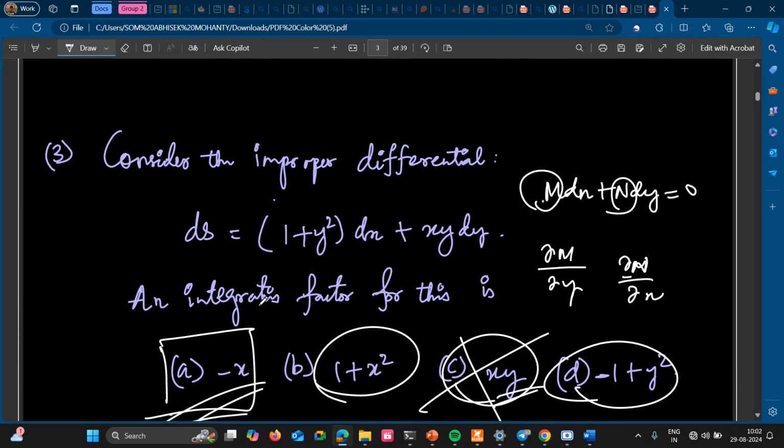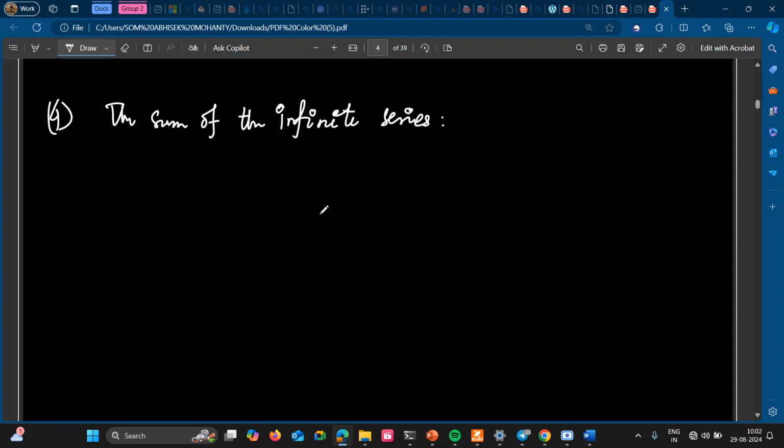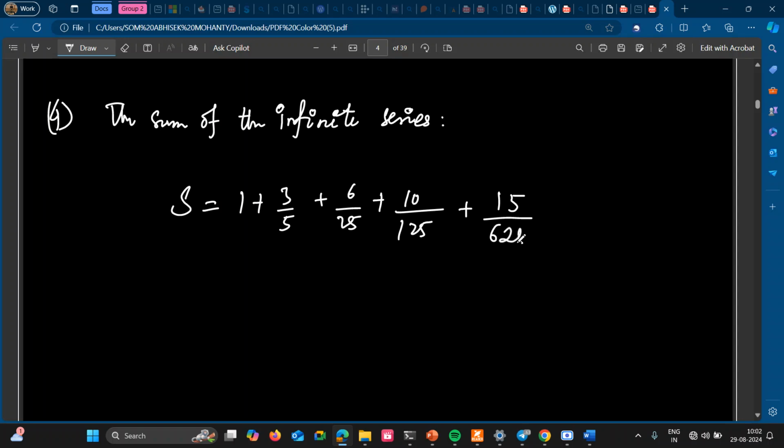Question number 3. Now question number 4. The sum of the infinite series S is equal to 1 plus 3 by 5 plus 6 by 25 plus 10 by 125 plus 15 by 625.